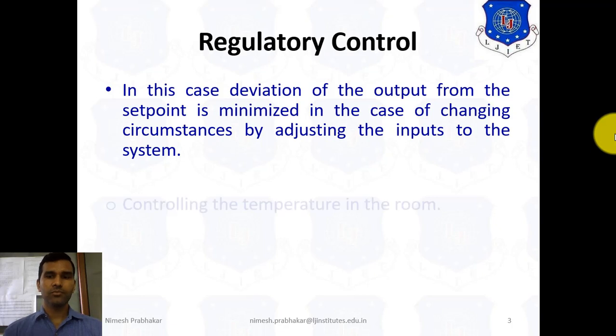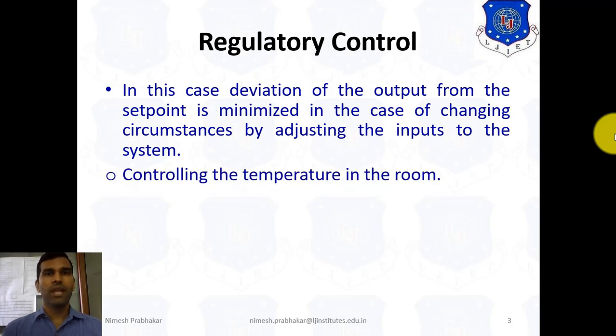Here we take one example to understand regulatory control. Suppose we have to control the temperature in a room. The objective is to control the temperature of the room. We set the set point at 25 degrees.